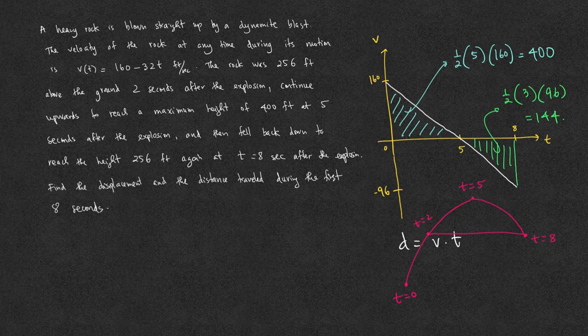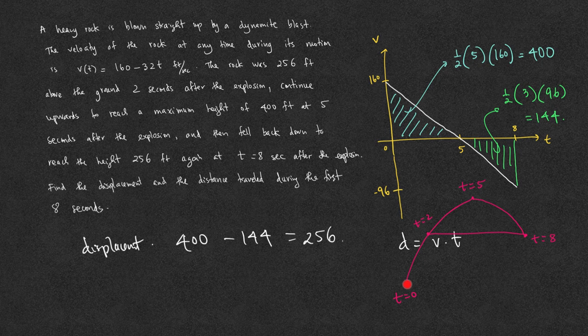The displacement during the first 8 seconds is 400 minus 144, distance upward minus the distance downward, and this is 256, as it should be, because we were told that when t equals 8, the height is 256.